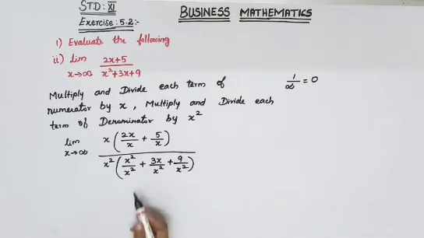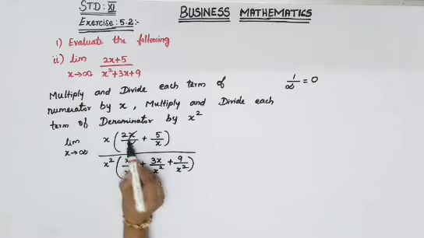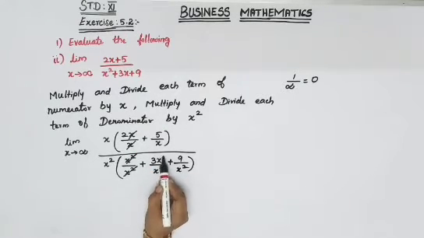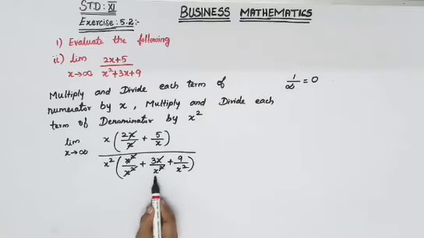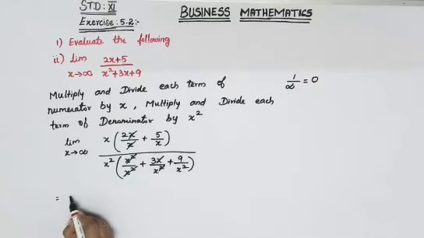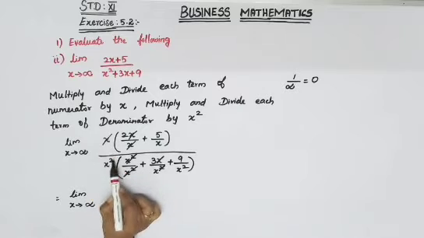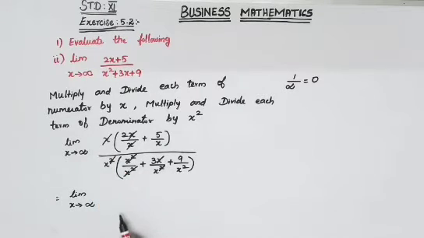So we can cancel it, this x and this x will go, x square and x square will go, in this x, 1x will go, 1x will be there, okay. So your next line is limit x tends to infinity, again this x will be there, this x also, this and this you can cancel it, so 1 by x will be there, okay.